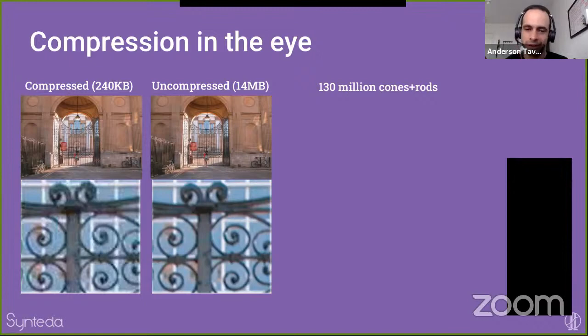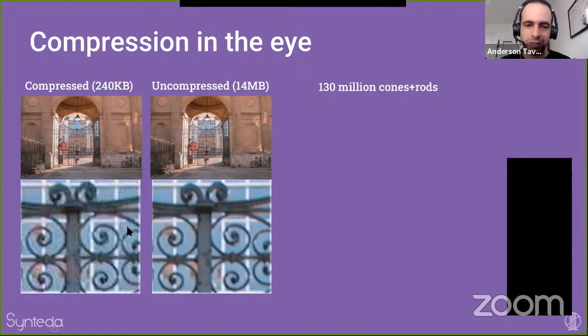This will fill our eye, so we will have a big blind spot. So the eye, in fact, has a compression process going on in order to reduce the number of optical nerves and also to reduce the information which is sent to the brain in order to represent the image.